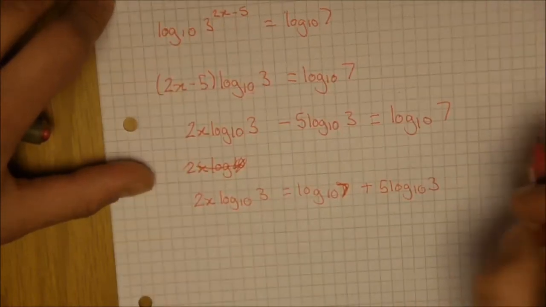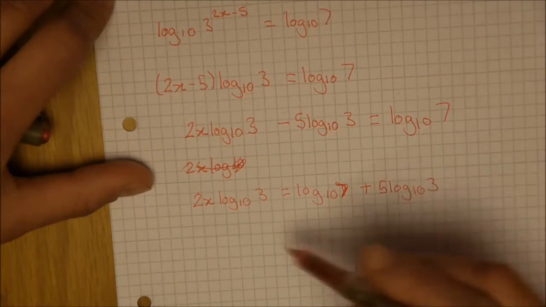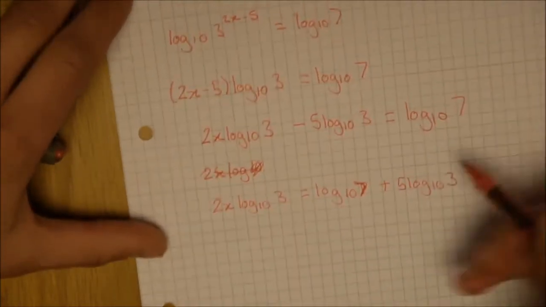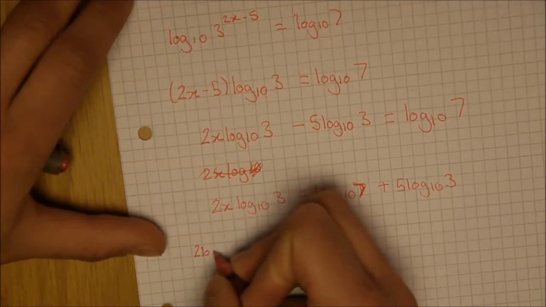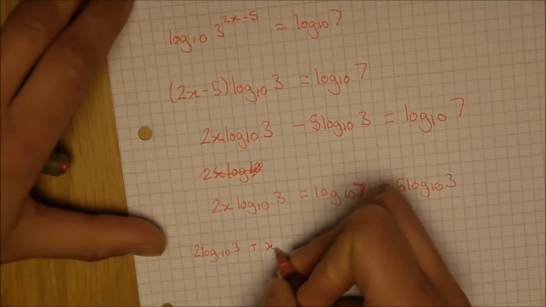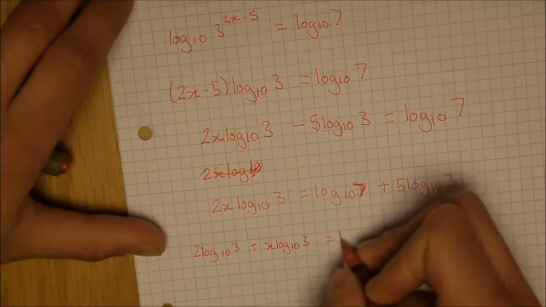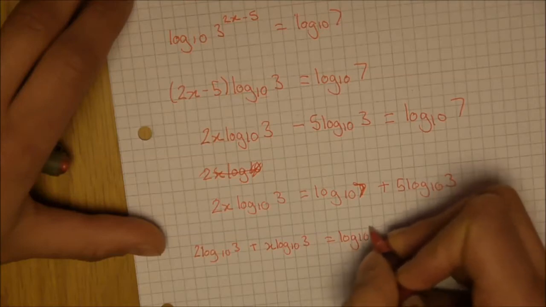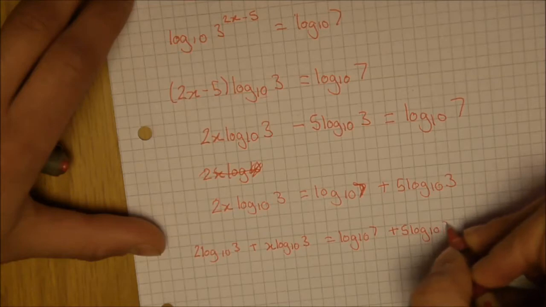Now remember, we want to actually find what the value of x is, but you've still got the 2x log 3, which can actually still be written as 2 log 10 3 times x, and that equals log 10 7 plus 5 log 10 3.